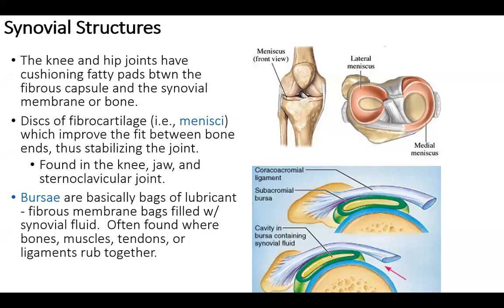We have them in our knee. We have them, believe it or not, where the sternum and the clavicle come together. You have the manubrium at the top of the sternum, and you have the jugular notch, and you have the clavicular notches on either side. There are meniscus pads between the sternum and the clavicle there at the clavicular notch, so that we don't have any friction at that point.